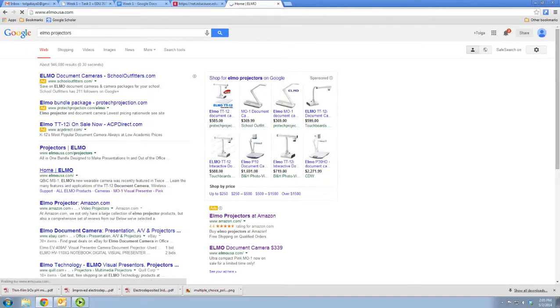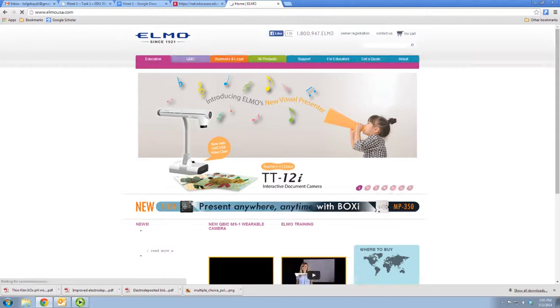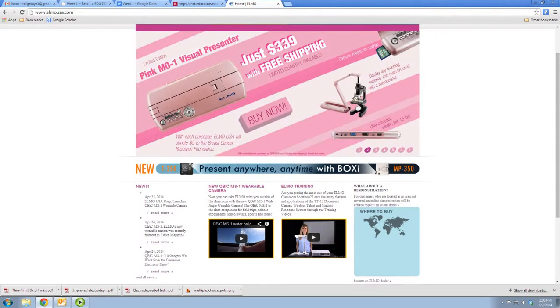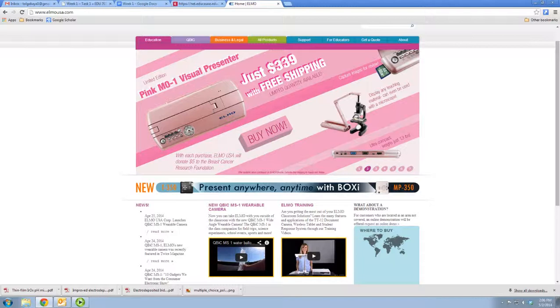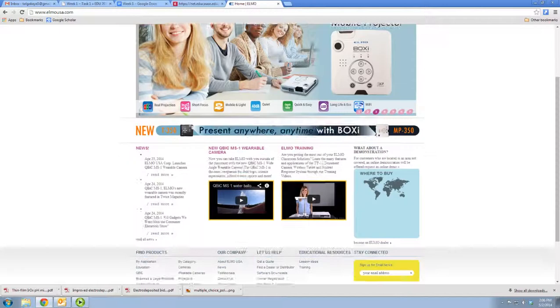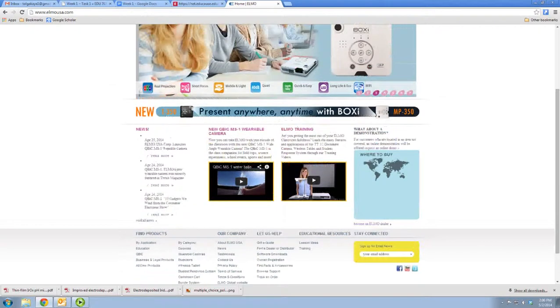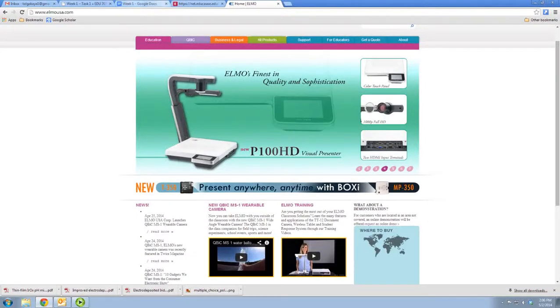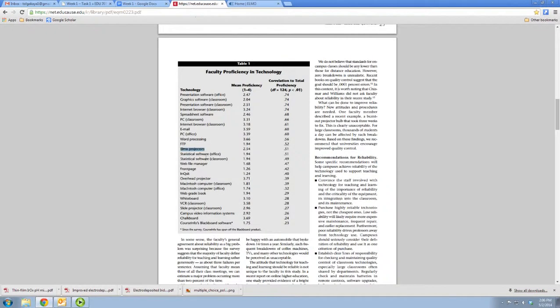Is that just a regular projector? New visual presenter. Oh, mobile. This is interesting. I didn't really hear about this. I was fine. Okay, well, I'll look into it more. Statistical software. Yeah. FrontPage, Inkset, overhead projector. Everybody's familiar with that.